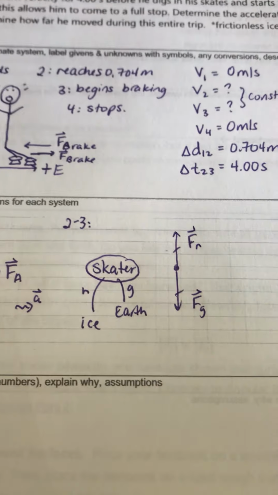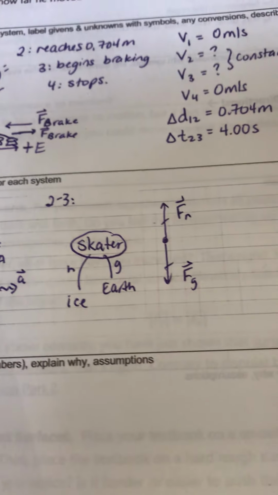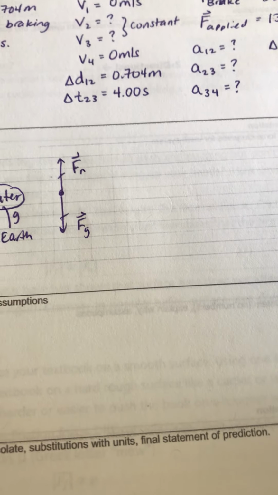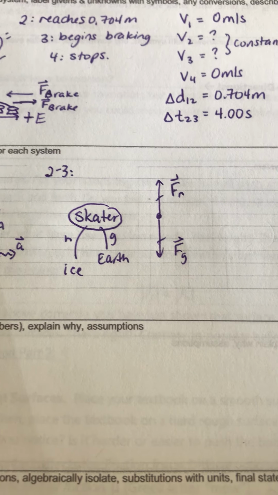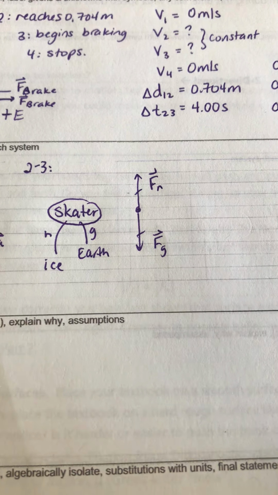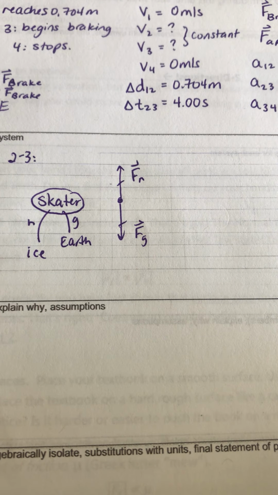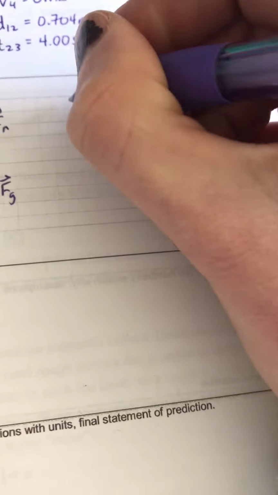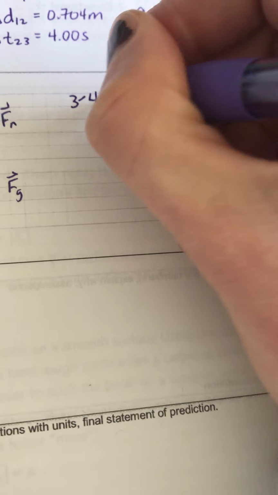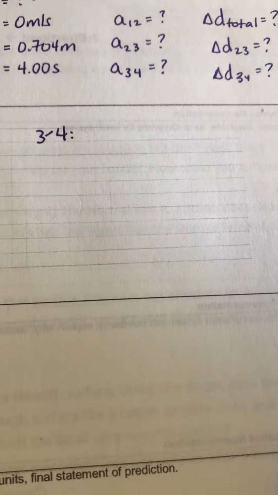I know I'm going between capital N's and little n's for normal force, so I apologize, but it's neither here nor there. I'm not taking marks off for that. So no friction force or applied force, so it's just no acceleration. Hint, hint.